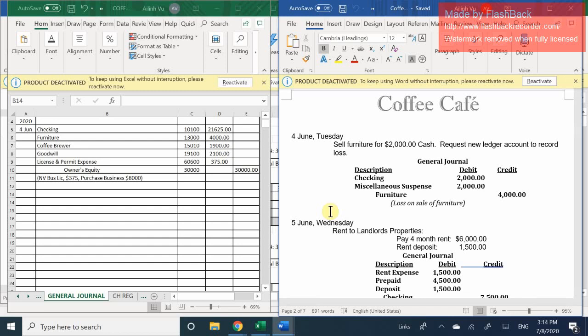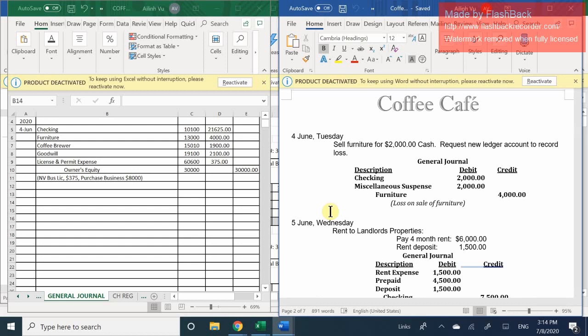Oh, we sold it. In my pocket. Well, technically, in this case, I don't know where to put it. So I don't know where this money is. So I'm just going to go ahead and create an account for it, and I called it miscellaneous suspense. And when we move later down into our scenario, that's when I'm going to know what I can do with it.